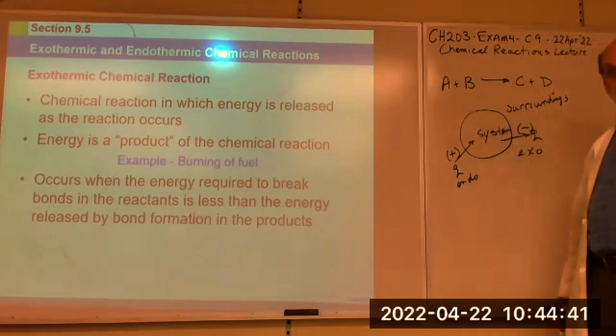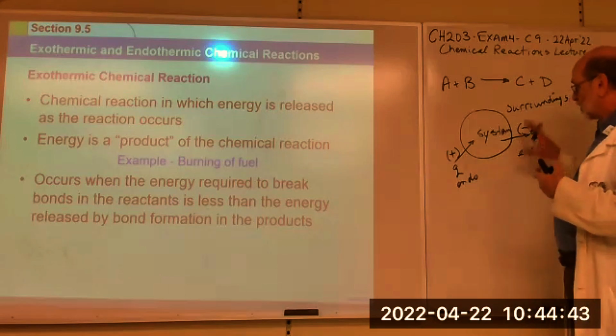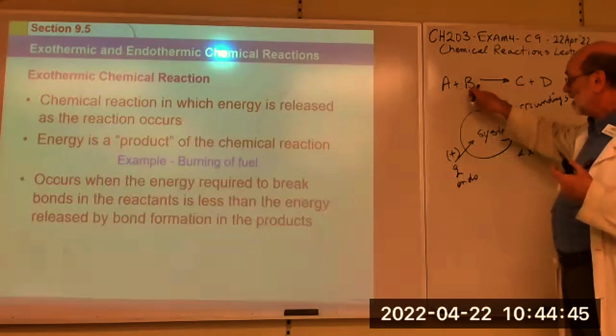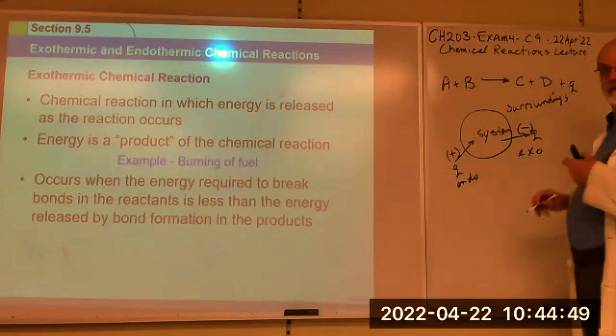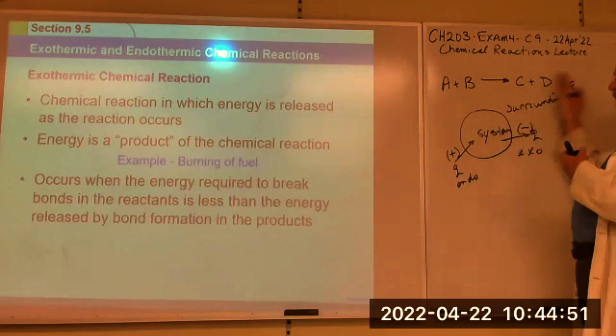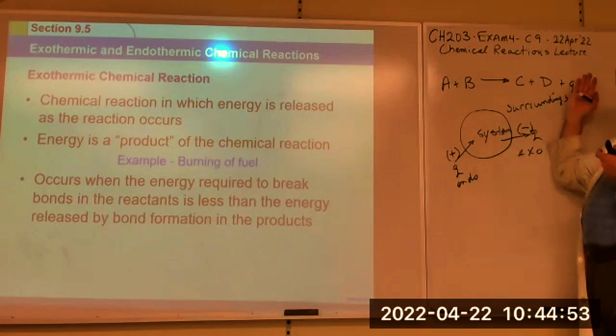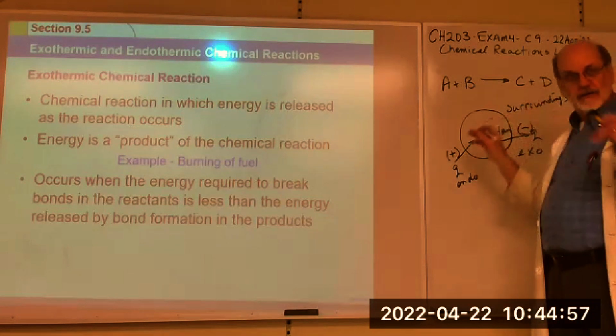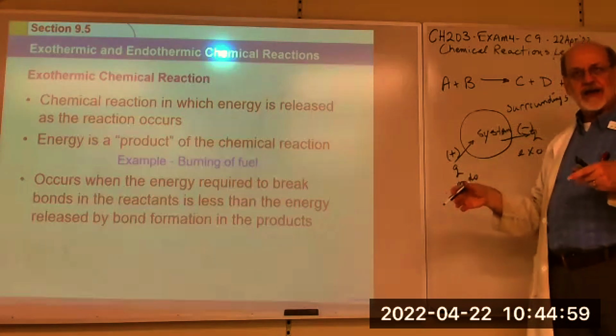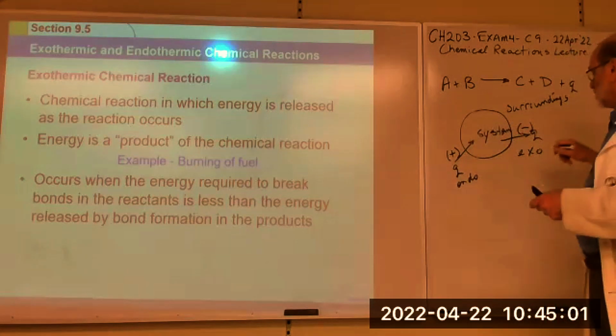So if it's exothermic, that means the energy that was contained somewhere in here is now over here. Right? It's being released as heat. So if we do it that way, then we can use this later when we start talking about Le Chatelier. I'll come back to this.